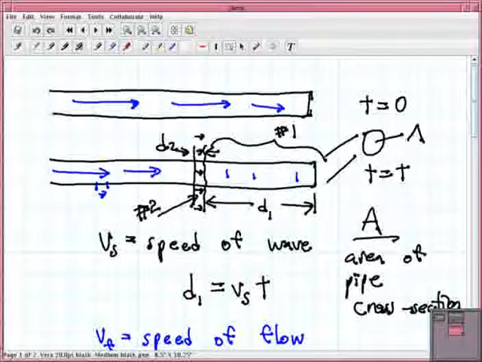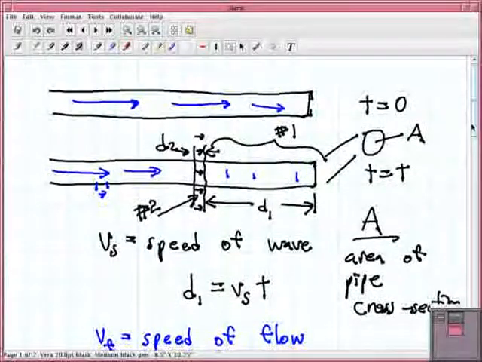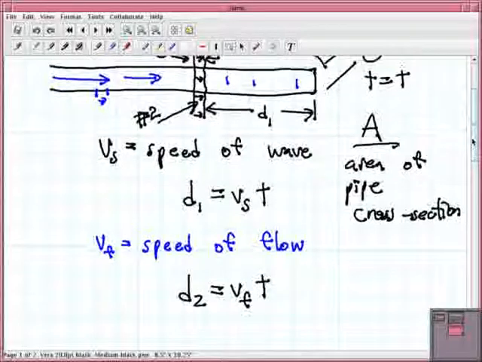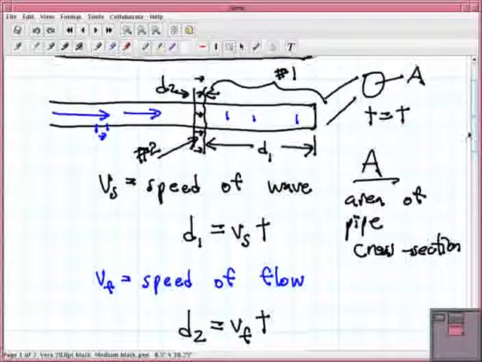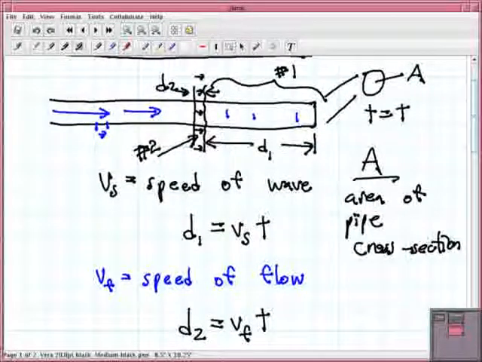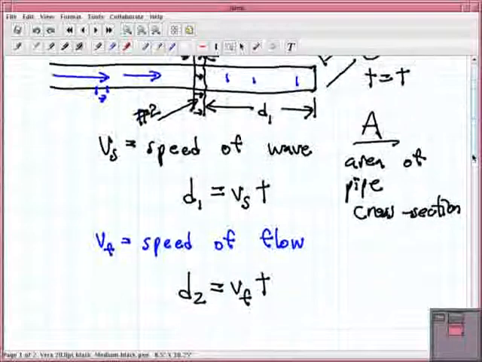That's the area A. And we want to compute the amount of water that's in region 1 and region 2, and then compute the area of region 1 and the density of the water, of the new water, that's been compressed into region 1.